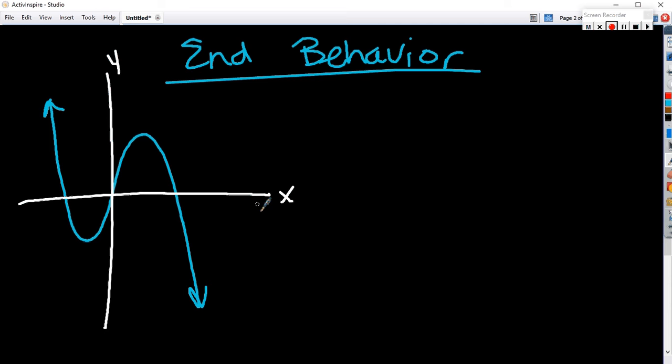To the right. Okay. This is x getting bigger this way, right? Because this is x is 1, 2, 3, 4. It's getting bigger the further right I go. So then it's getting smaller the further left I go.